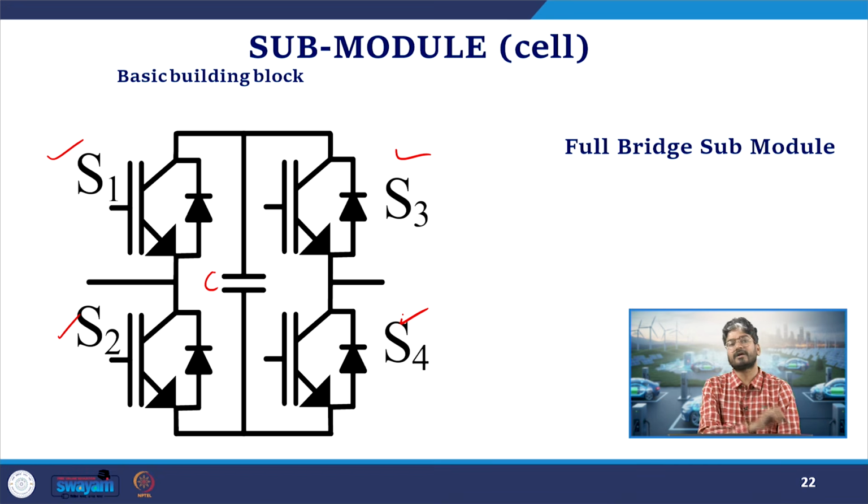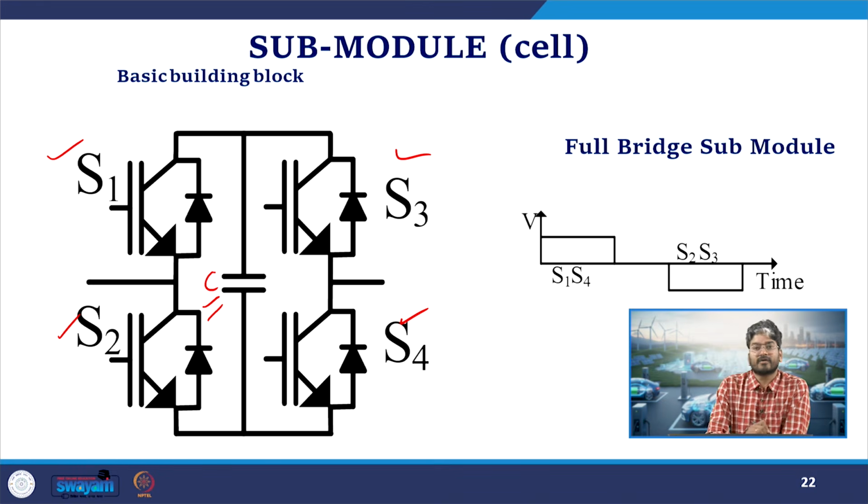It is similar to our Cascaded H-Bridge, but here we are using it as a submodule in the circuit, and it does not have an independent DC source as in our previous circuit. In the Cascaded H-Bridge we required an independent DC source, whereas in this case it is just a capacitor whose voltage will be balanced by using the switching combinations.